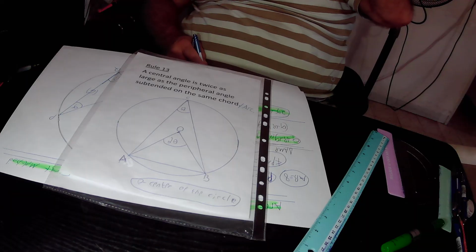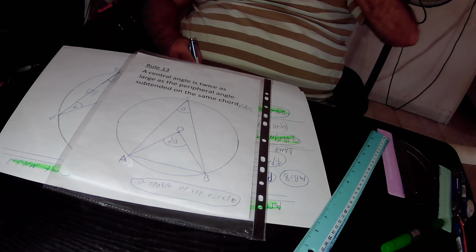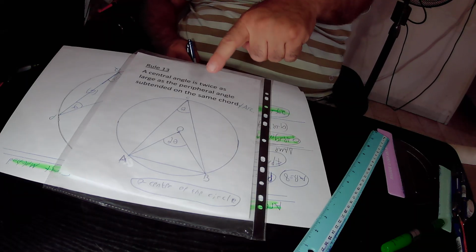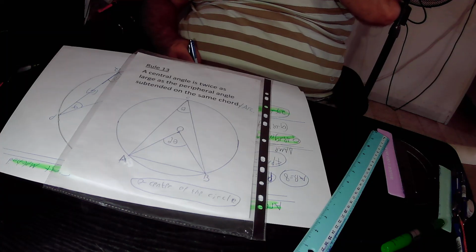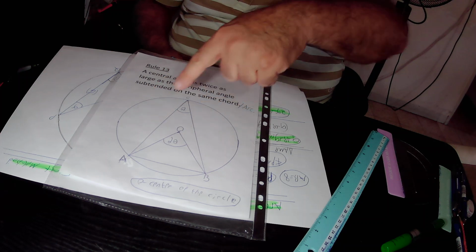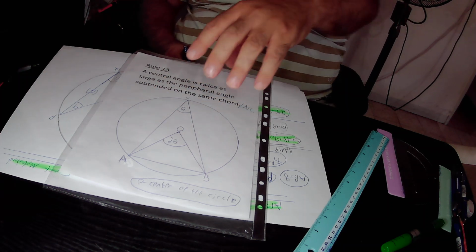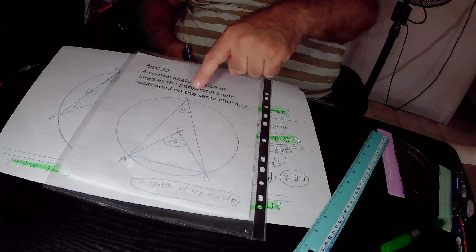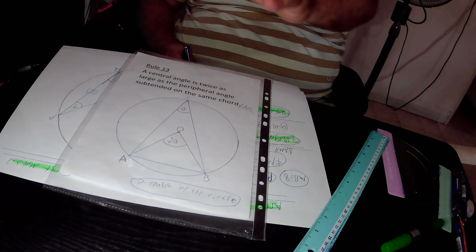According to this Rule 13, the size of the center angle AOB that subtends on the same arc AKB must be twice as big as the peripheral angle that subtends on the same arc AKB.